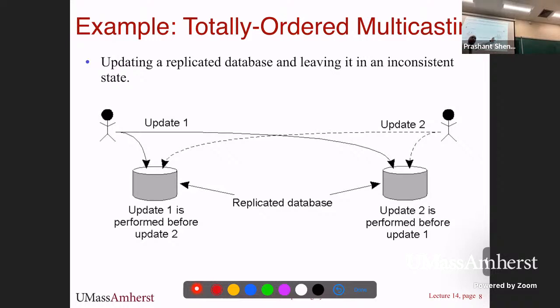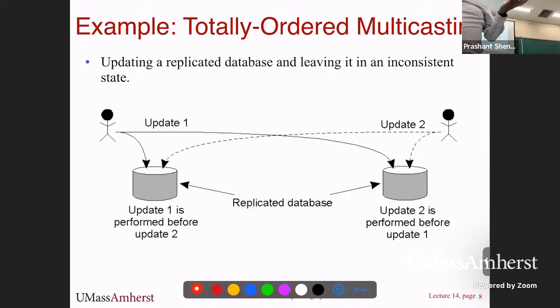Now on this other replica, the opposite happens, because customer 1's request is taking a long time to get there. So customer 2's request arrives first and customer 1's request arrives second. If each of these replicas simply ordered based on receipt time, you will have opposite effects, because customer 1 gets processed first on replica 1 and second on replica 2.